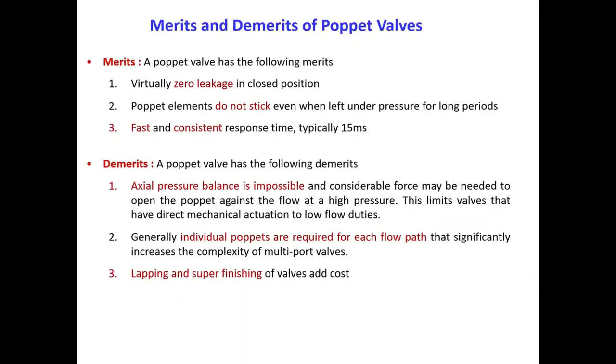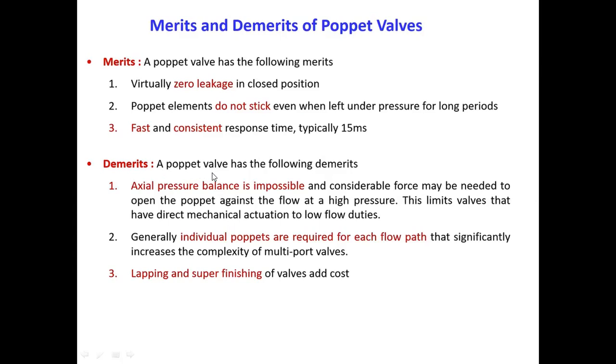These are the merits and demerits. Merits: virtually zero leakage in closed position. The poppet element does not stick even when left under pressure for a long period. Fast and consistent response time, typically 15 milliseconds.